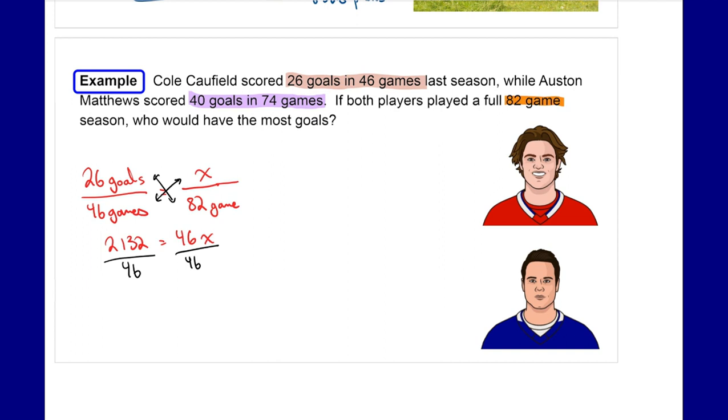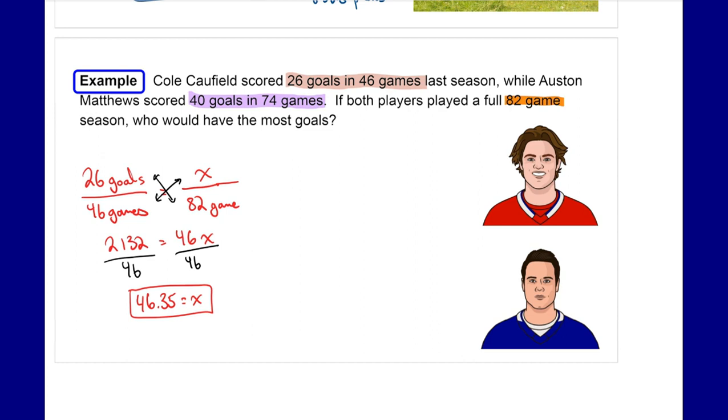And we could expect him to have 46.35 as our unknown. So Cole Caufield would be expected to get 46.35 goals if he played 82 games.